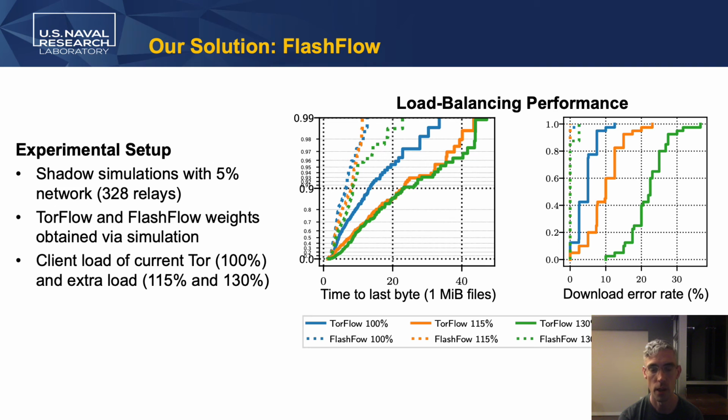We also observed that using FlashFlow weights nearly eliminated errors in download. That is, those downloads that failed to complete were nearly non-existent in the FlashFlow experiments as compared to the TorFlow experiments, where the median error rate was 5% at the 100% client load.